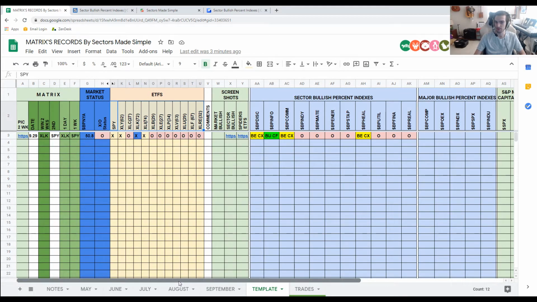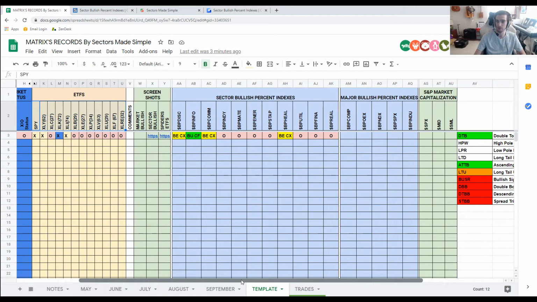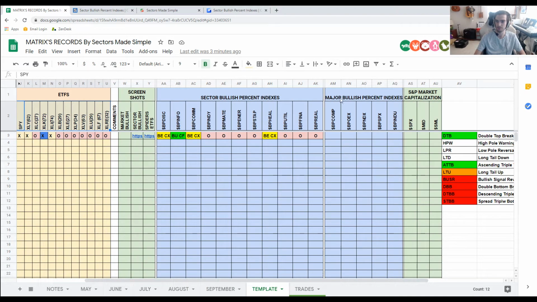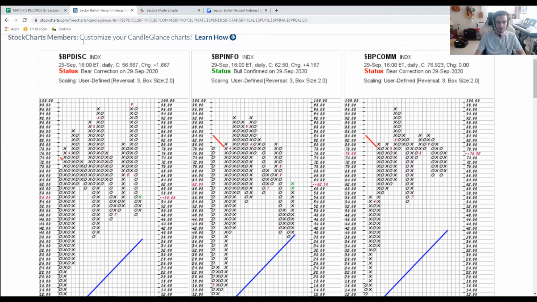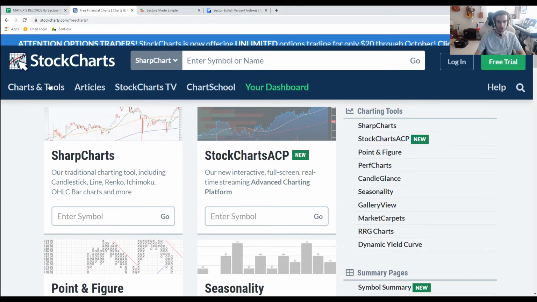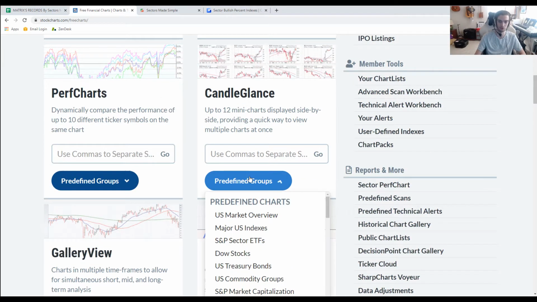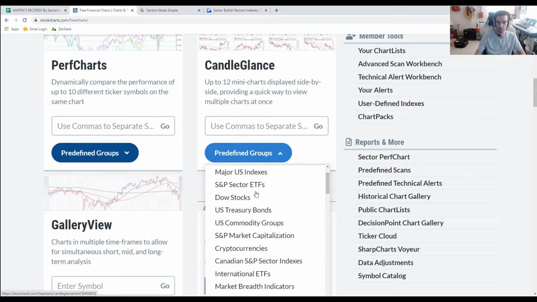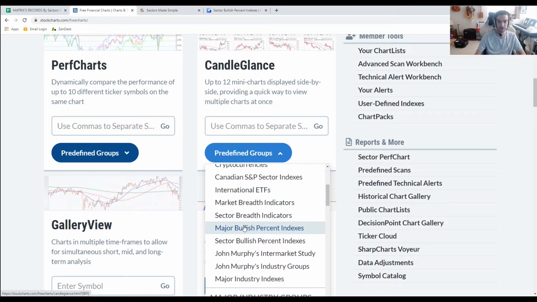Okay, now moving right along, we have here major bullish percent indexes. To get this, we do the same thing, charts and tools, candle glance. Now we scroll down to major bullish percent indexes, right above sector bullish percent indexes.